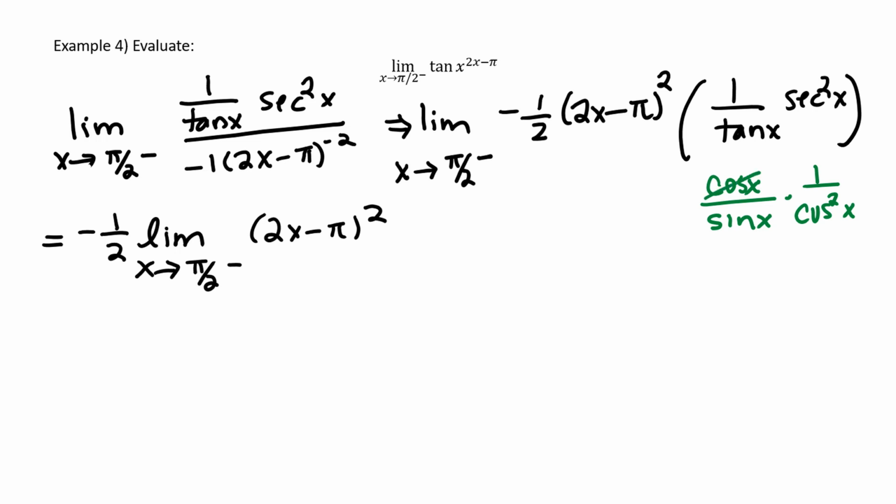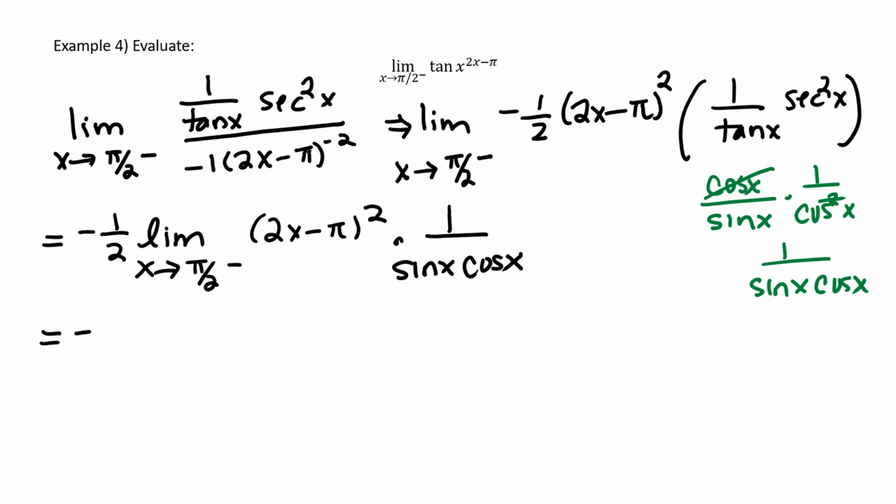Now when that simplifies, we end up with 1 over sine x cosine x. Let's write that into our limit portion. So replacing the 1 over tan x secant squared x with its equivalent sine and cosine, we'll write 1 over sine x cosine x. Let's see what happens here when we take the limit.